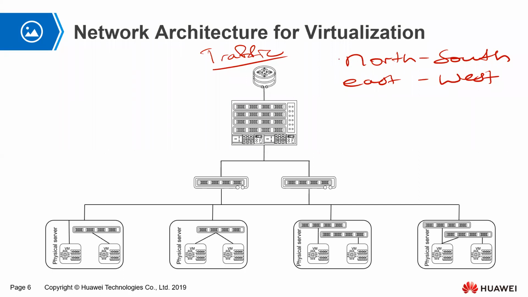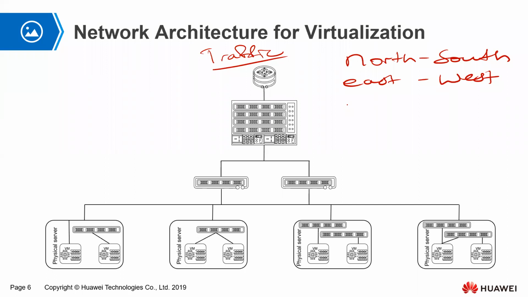To determine whether this is north to south or east to west traffic, we can use a router, which acts as the demarcation point between the north and south traffic and the east and west traffic.